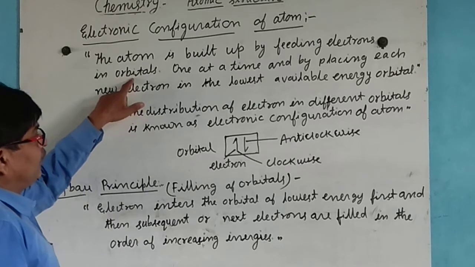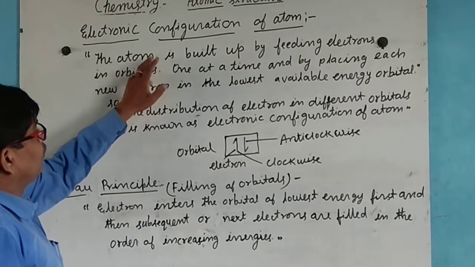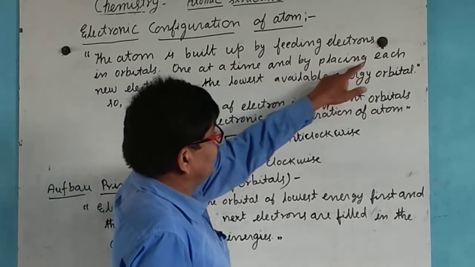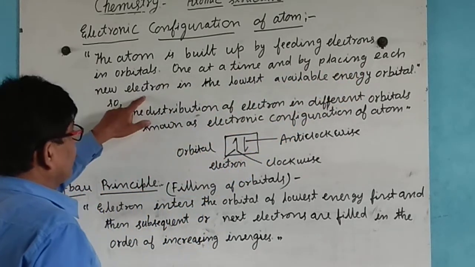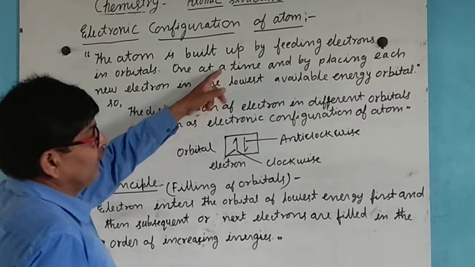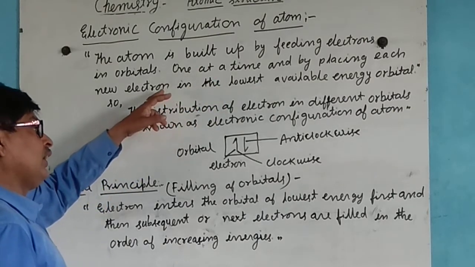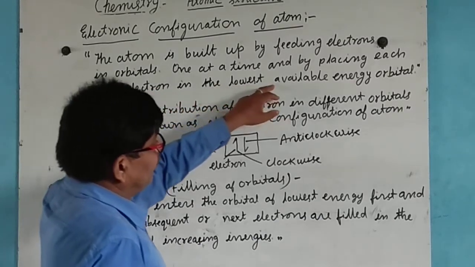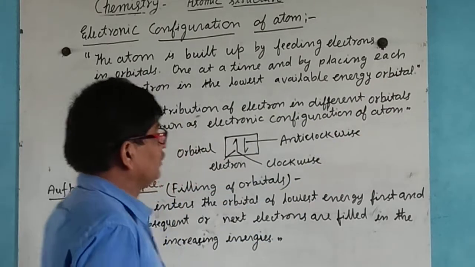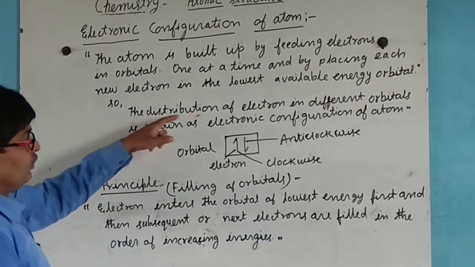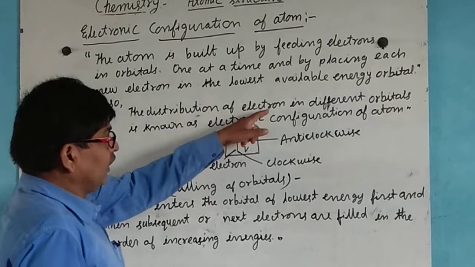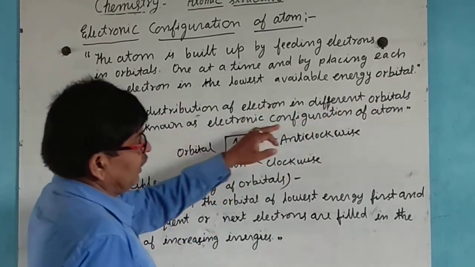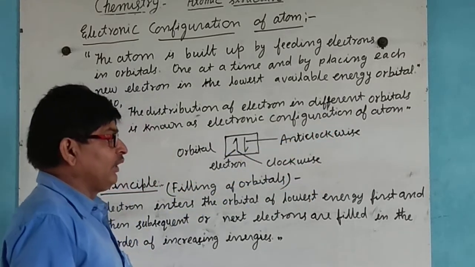One at a time, by placing each new electron, first of all one electron is filled, and then after that placing each new electron in the lowest available energy orbitals. Here the distribution of electrons in the different orbitals is known as electronic configuration of atoms.